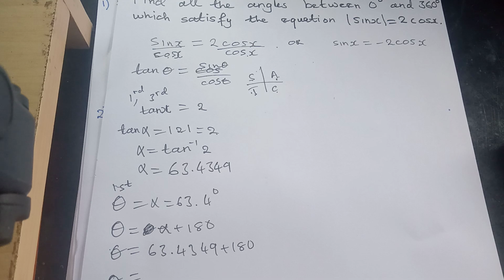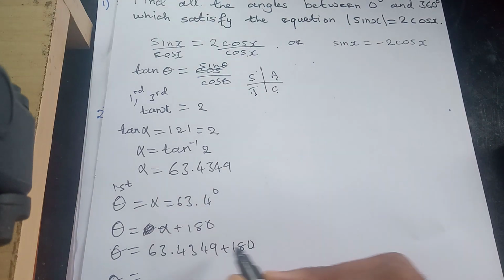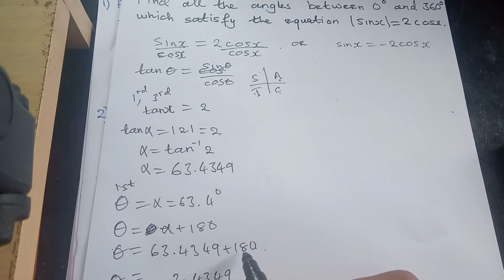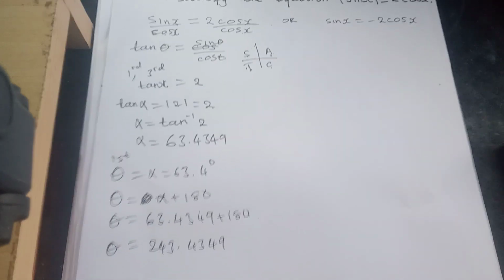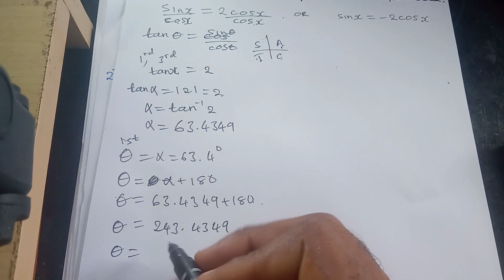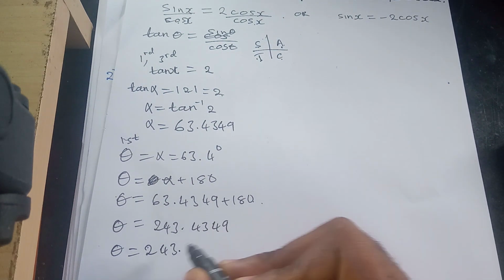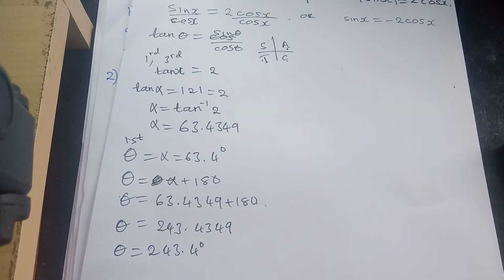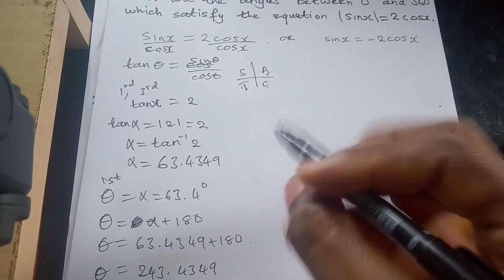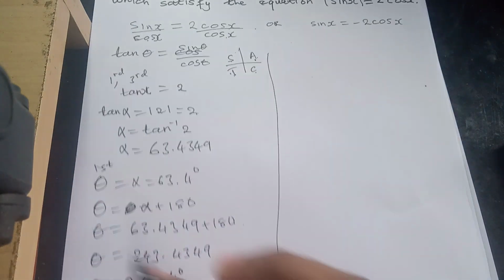So when we add these two together, we get, in the decimal part, the same thing. 3 plus 0, we have 3. 6 plus 18, we have 24. So this is 243.4349, which is approximately equal to this. Remember, angles in degrees must be rounded off correct to 1 decimal place. So we are done on this side.